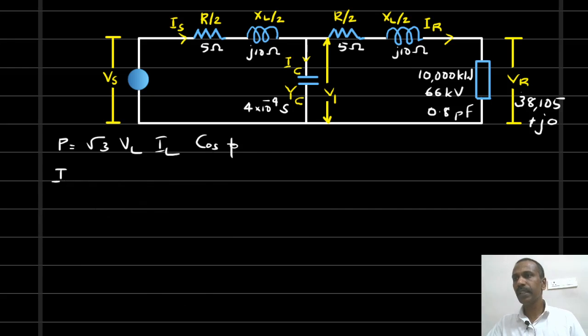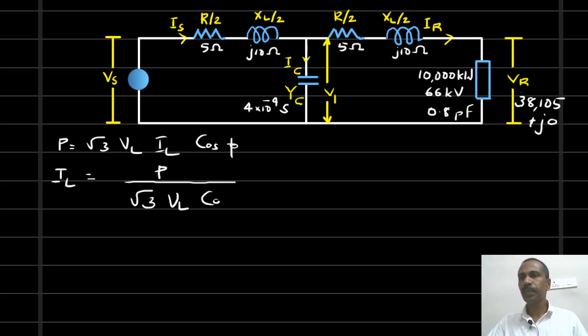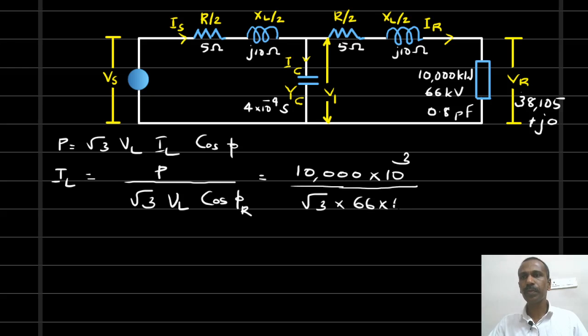So from this, IL is equal to P divided by root 3 into VL into cos phi R. So this is equal to 10,000 kilowatt divided by root 3 into 66 kilovolt into 0.8. So the line current equals 109 amperes.